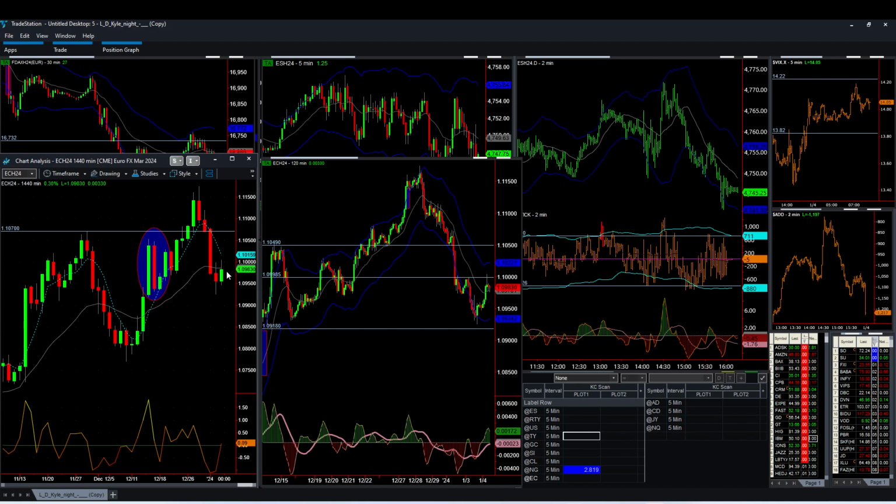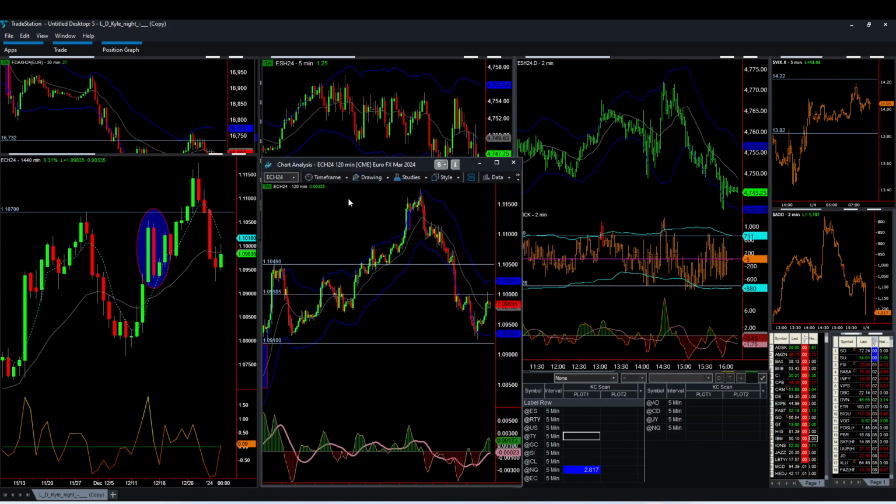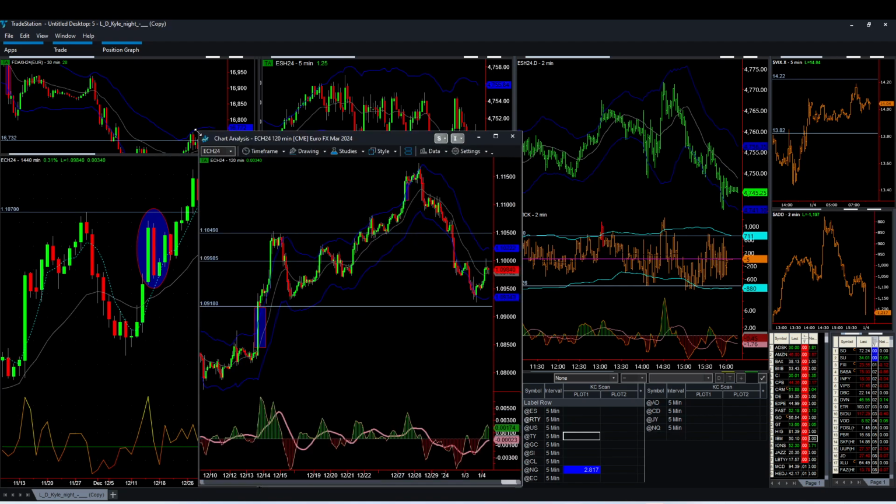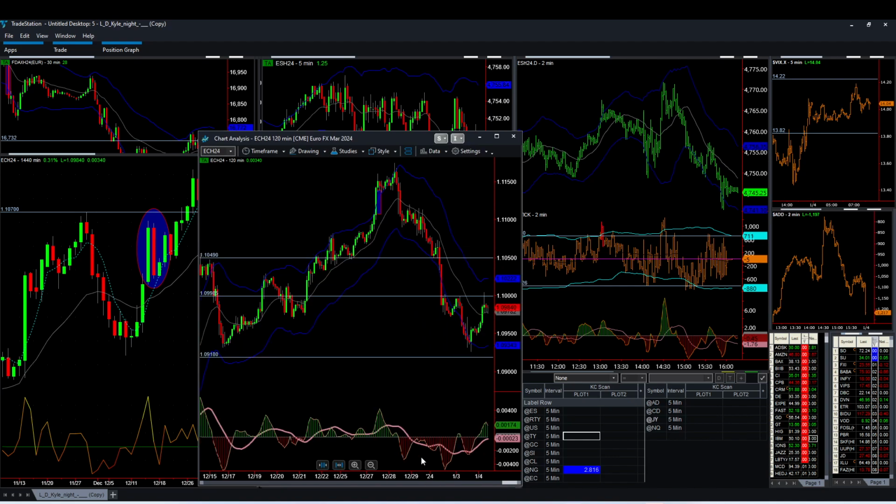We have a couple things to keep in mind. One is the 5 SMA on the daily charts, 1.10150. What's really interesting, and a variation on what we had with the ES, is the 120-minute oscillator configuration. In the case of the euro currency, we had a much more positive lift or response.